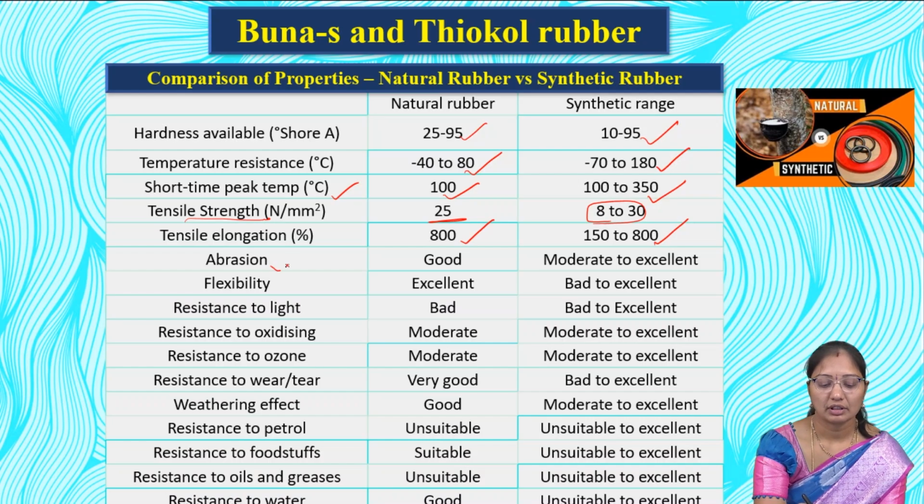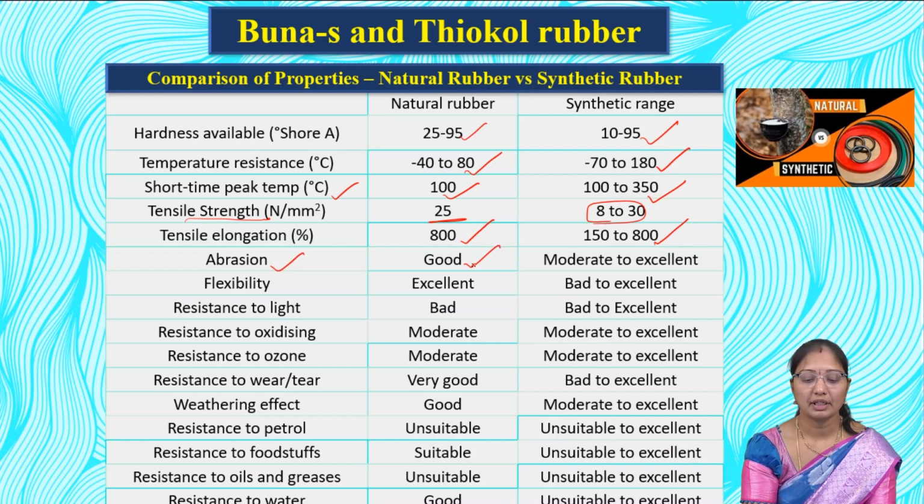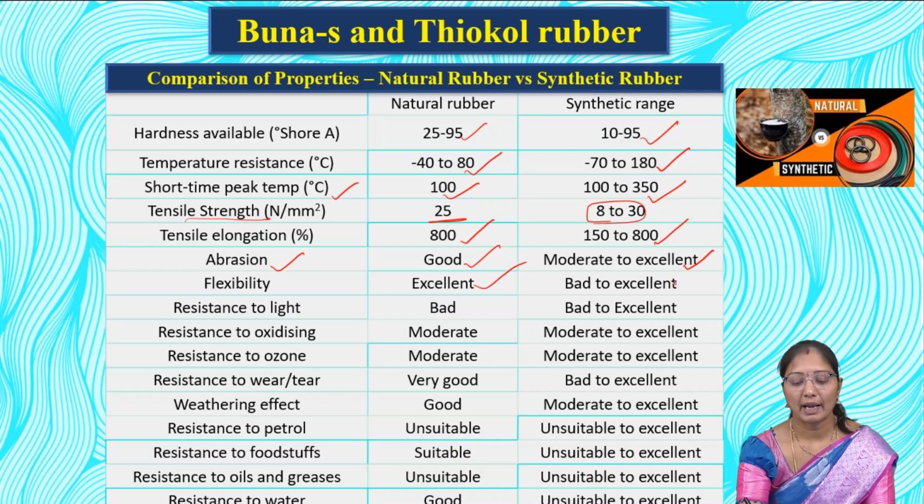Good abrasion resistance was observed in natural rubber, whereas moderate to excellent abrasion resistance was observed in synthetic rubber. Flexibility is excellent in natural and bad to excellent in synthetic rubber. Because for synthetic we are considering all types of rubbers under that category, it shows moderate to excellent, bad to excellent.